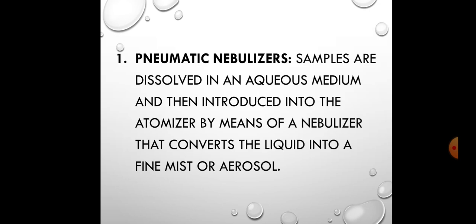Okay, now we are going to talk about different nebulizers. The most common nebulizer is the pneumatic nebulizer that uses a gas like air, or argon in plasma. As you can see here, samples are dissolved in an aqueous medium in this method and then introduced into the atomizer by means of a nebulizer that converts the liquid into a fine mist or aerosol.